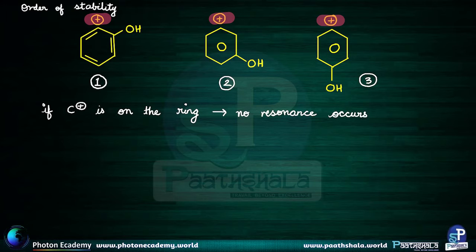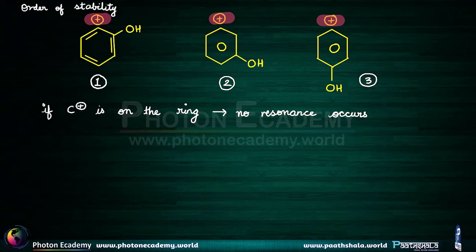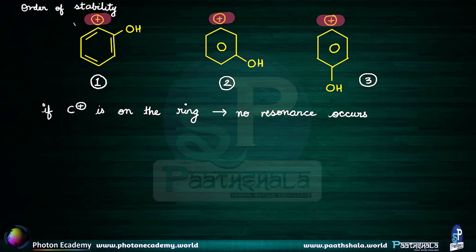We know a carbocation can participate in resonance, but if it is present on the ring itself, there is no resonance occurring in that species. Here, in all three, the carbocation is on the very ring. So none of them will show resonance.